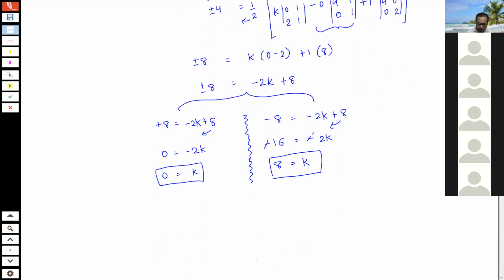So please confirm, are you having these two answers? 0 and 8. Yes, sir. So this concept is very easy. Area of a triangle, we follow the same concepts. So raise your hand if it is clear to everyone. Yes, sir.